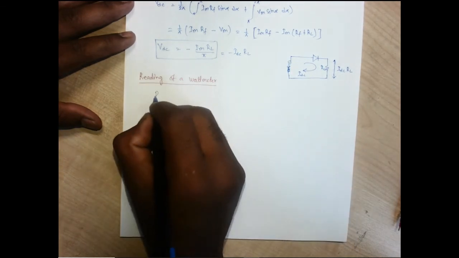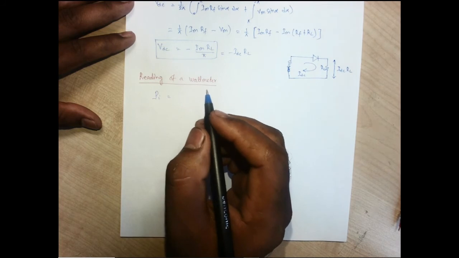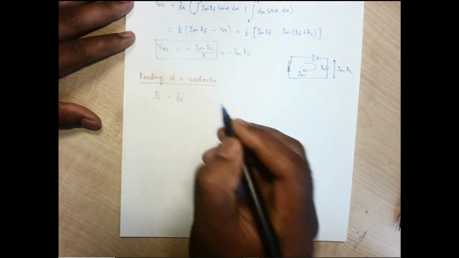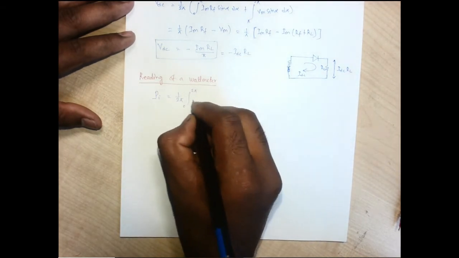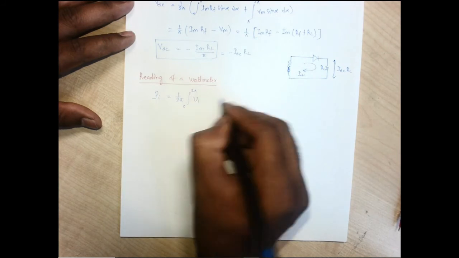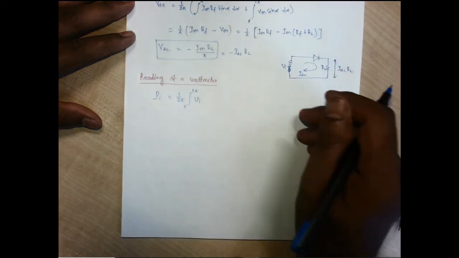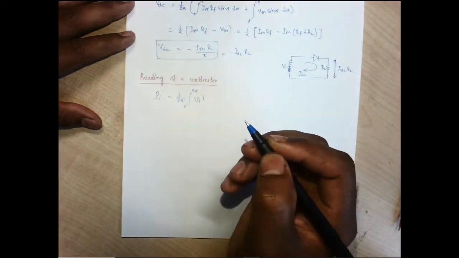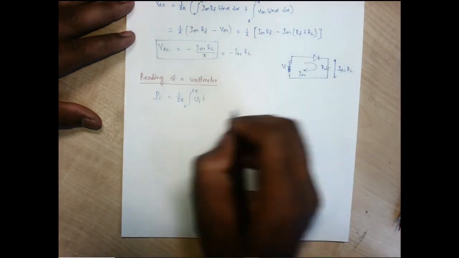So the input power Pi, the average value of that, will be 1 by 2 pi, integral from 0 to 2 pi of VI d alpha. This VI is the voltage across this coil into I, the AC current flowing across this circuit, into d alpha.